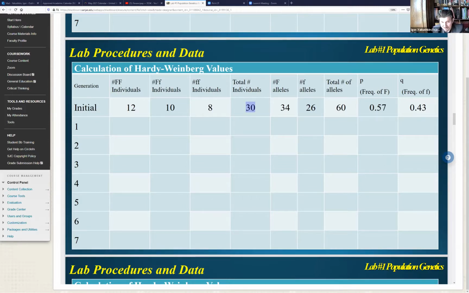It will take you 5 seconds to double check: P 0.57 plus 0.43. Does it indeed equal 1? Not 0.1, 1. Because P, which is 0.57, plus Q, 0.43, has to equal 1 according to the Hardy-Weinberg equation. Does it? Yes, we did our math correctly. Yes, please.